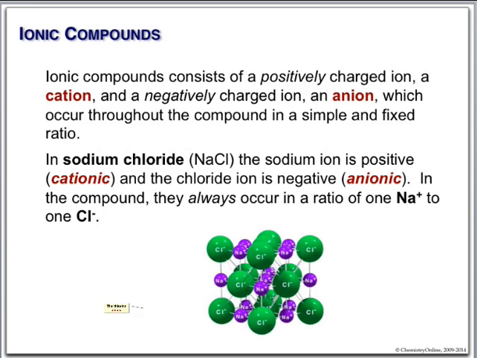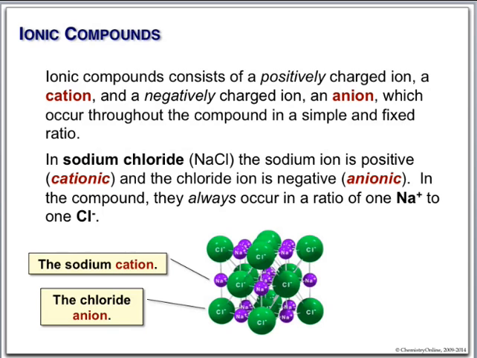Once again, the nomenclature here. When we have a positively charged ion, we will call that a cation. When we have a negatively charged ion, that will be an anion. When you have an ionic compound, you simply have an extended array of the positives and the negatives.